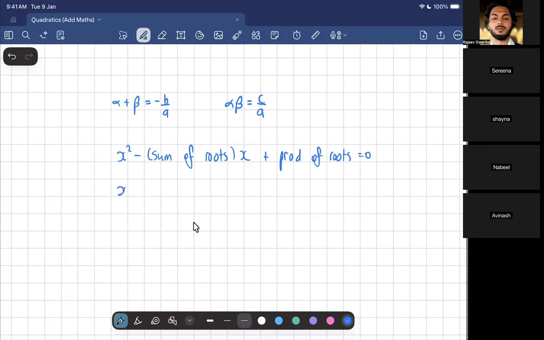So in this case, it would be x squared minus the sum of the roots, which is alpha plus beta, x, plus the product of the roots, which is alpha beta, and that equals 0. Great.